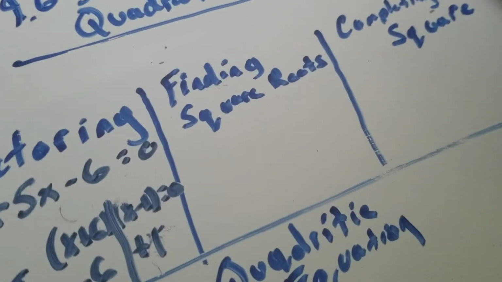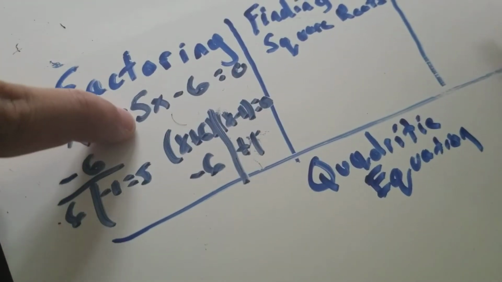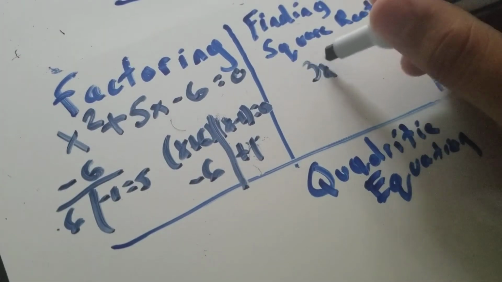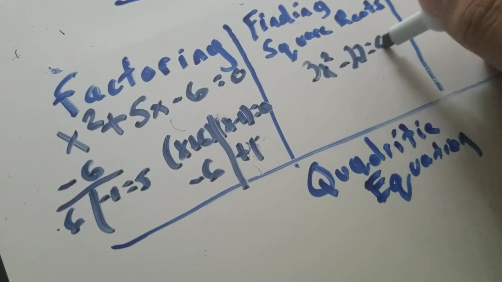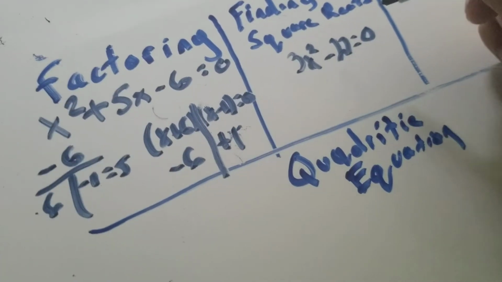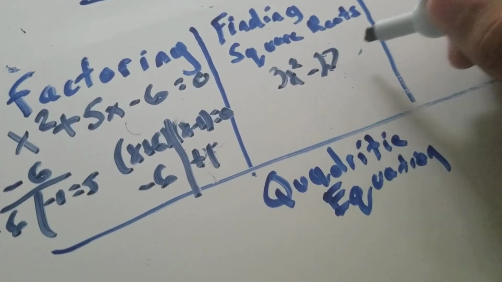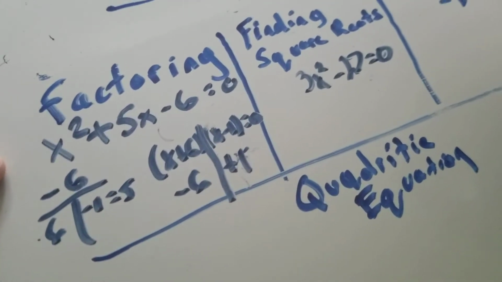Now, finding square roots, sometimes we have to do that. We do that when we don't have an x to the 1 power. So something like this. 3x squared minus 27 equals 0. So we don't really need to do factoring here. We don't want to do factoring here.